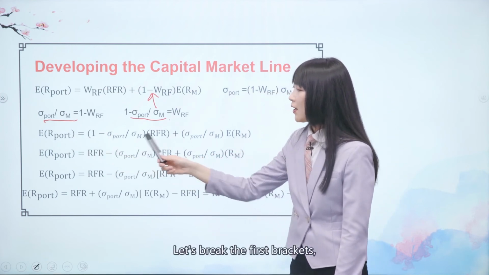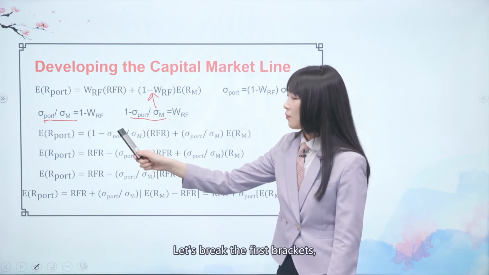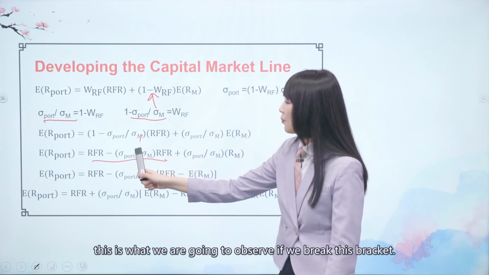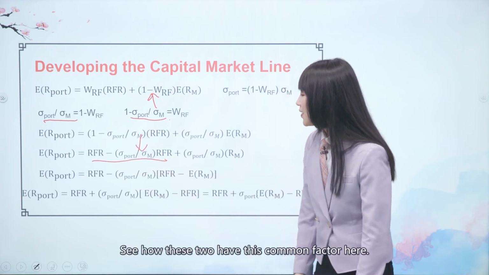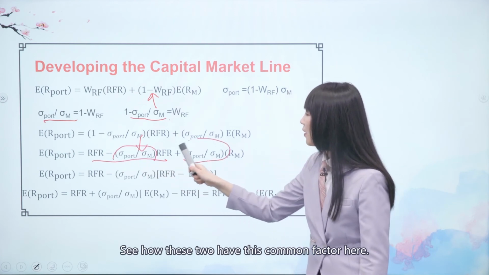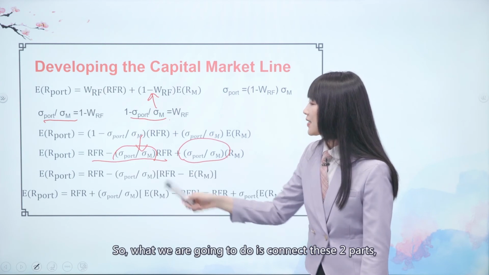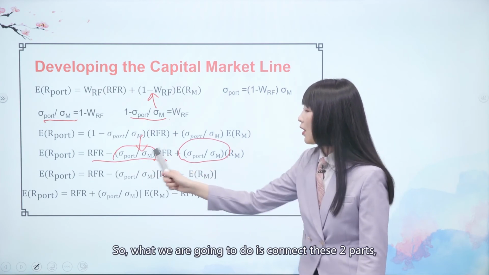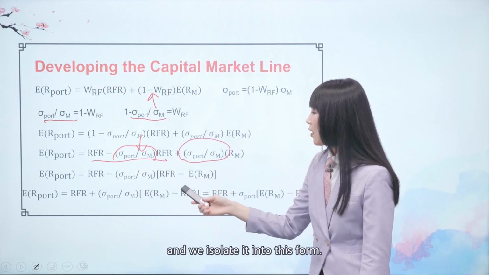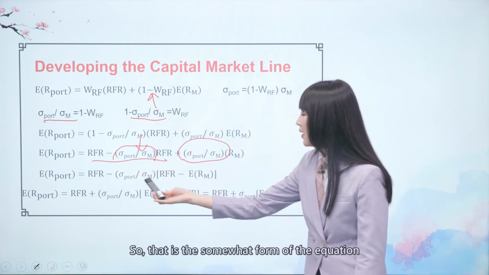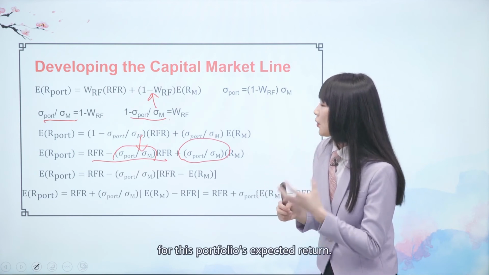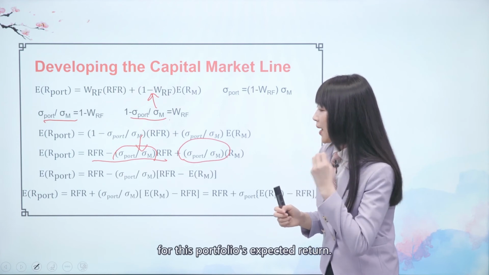Let's break the brackets. This is what we are going to observe if we break this bracket. Now, see how these two have this common factor here? So what we are going to do is combine these two parts, and we isolate it into this form. So that is the somewhat simplified form of the equation for this portfolio's expected return.